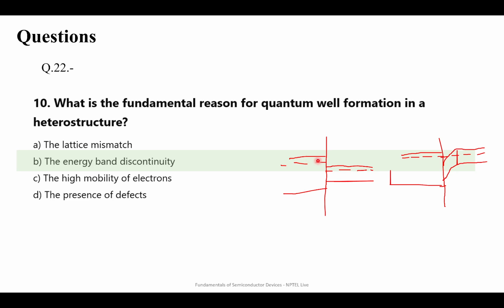When I'm making this junction, I have to align the Fermi levels, right? Yes sir. So when I align the Fermi levels, this part will move up to align. But at the interface, it can't move up because the interface is joined. So that creates a band bending.